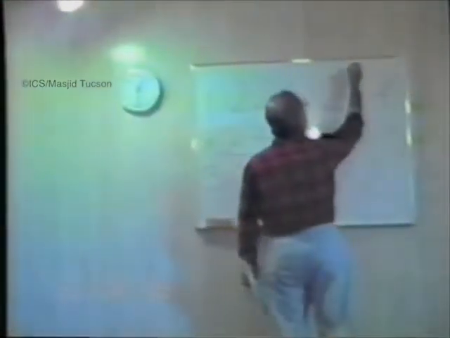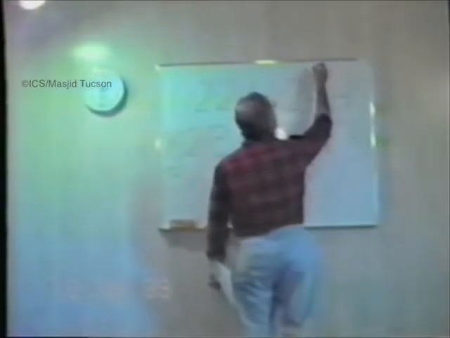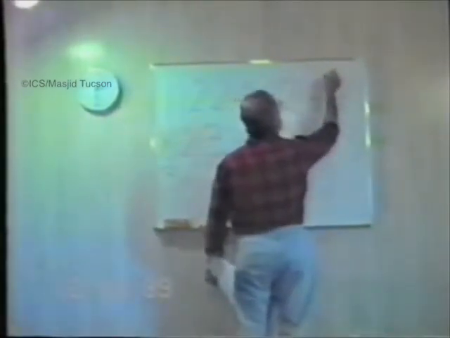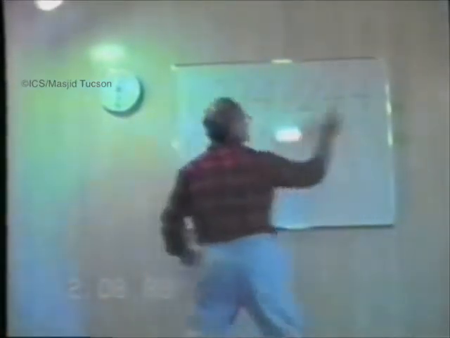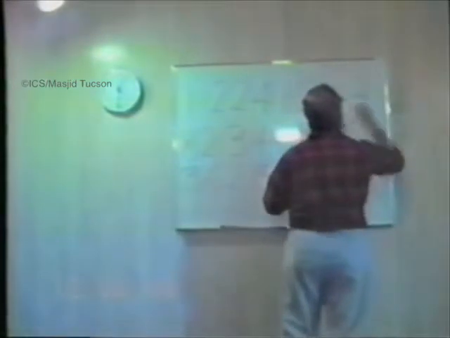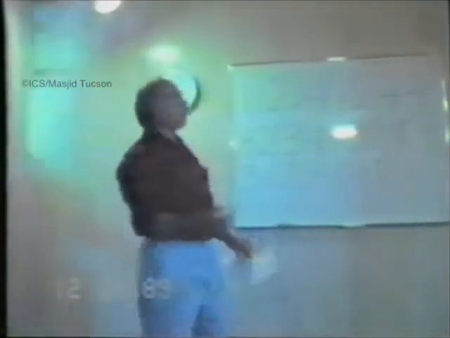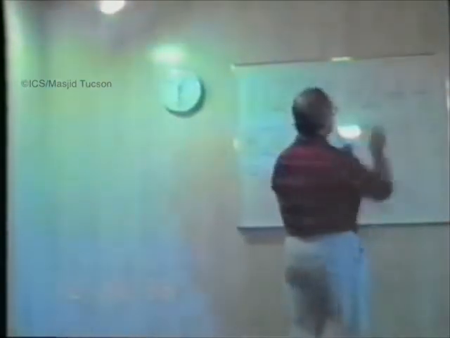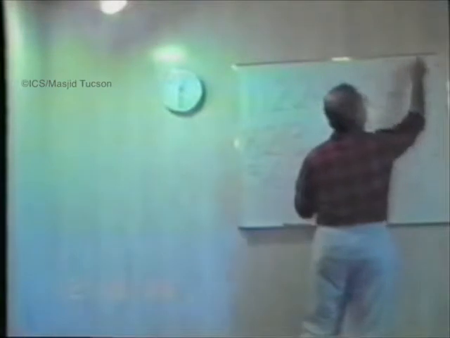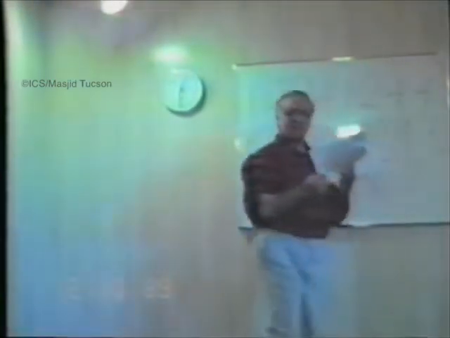Because when you have a number like this, okay, this number is divisible by 19. If you add 1, it's not divisible anymore. If you put it anywhere else here, it is not divisible by 19.